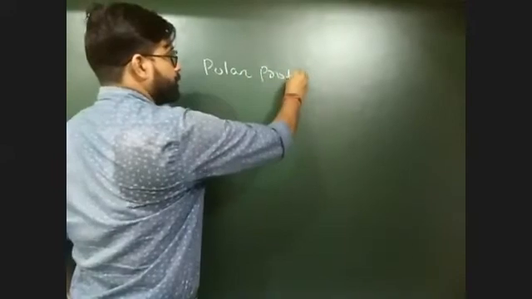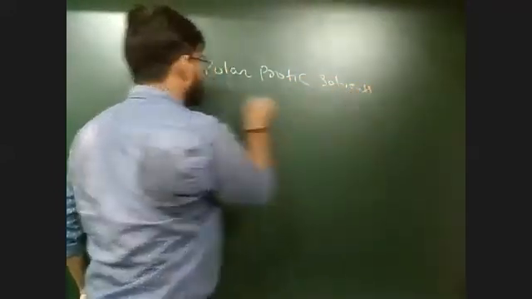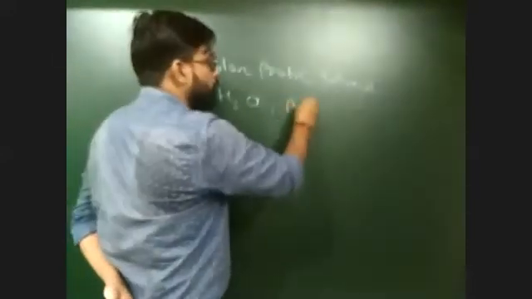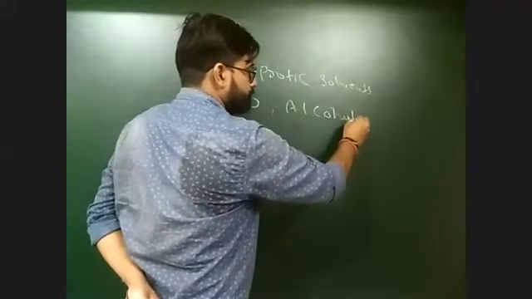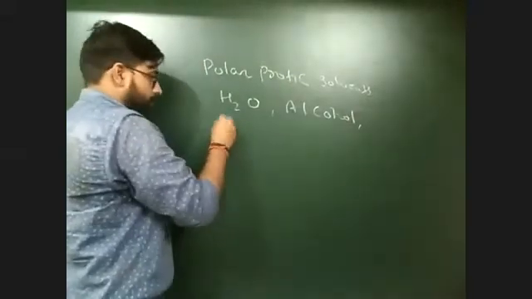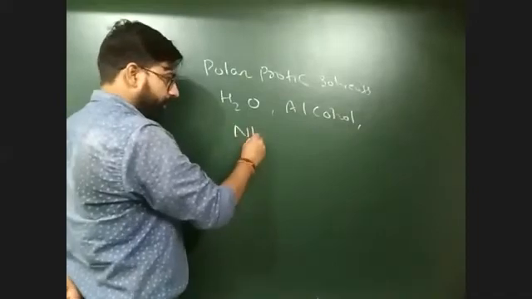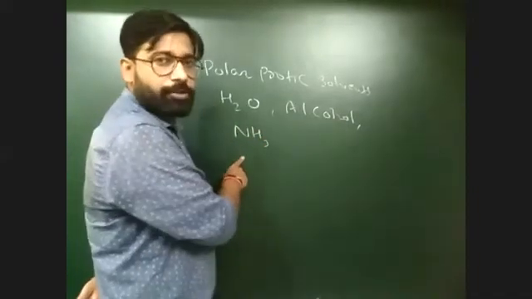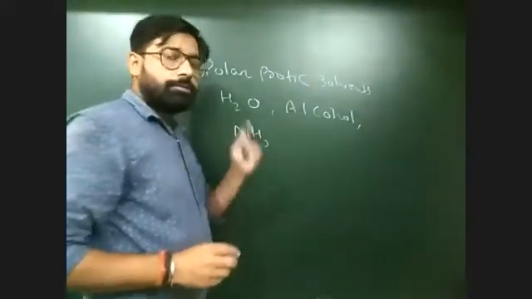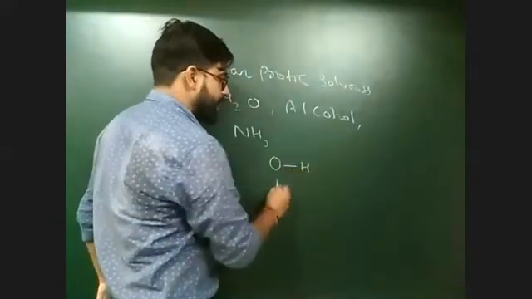Polar protic solvents, that is H2O, which forms hydrogen bonding. Alcohol, which also forms hydrogen bonding. NH3, which also forms hydrogen bonding. Mainly two are used, OH and NH.